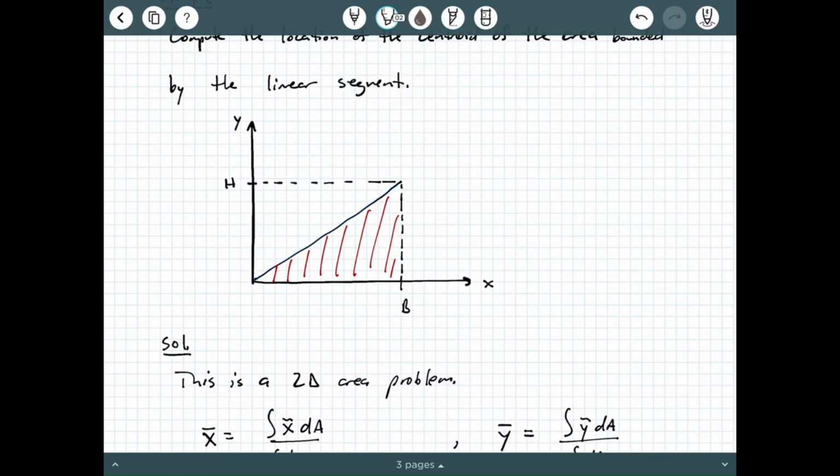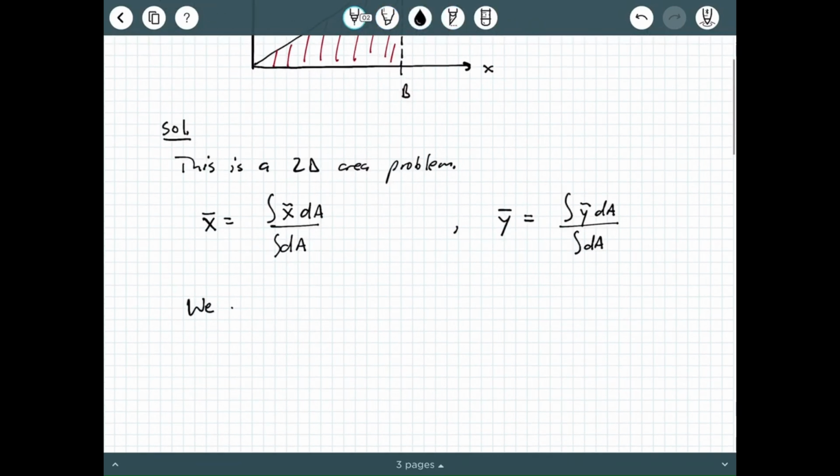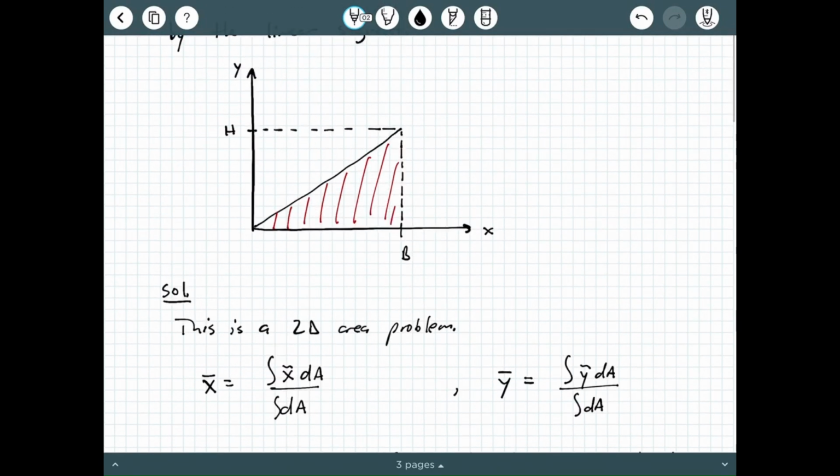Let's make a note: we need an equation of the line to compute integrals. You may even be able to just look at this and tell me what the equation is. If you can, that's awesome. If not, I'm going to tell you how to do it, but it really is just an Algebra 1 concept.